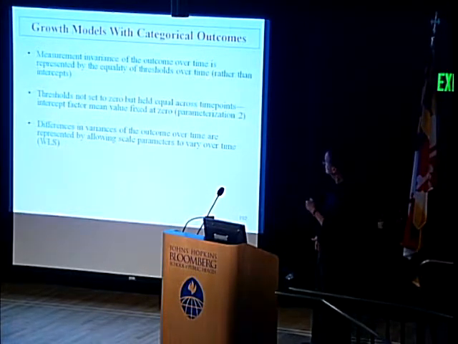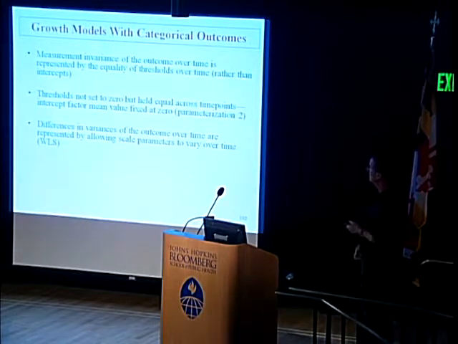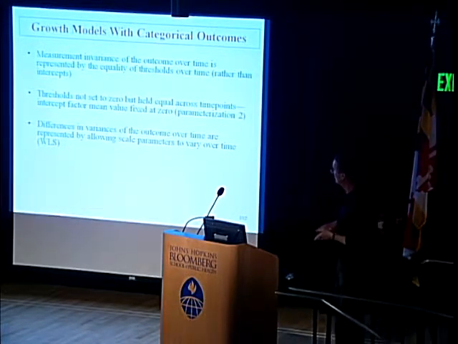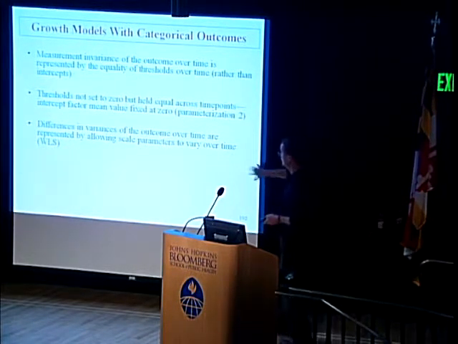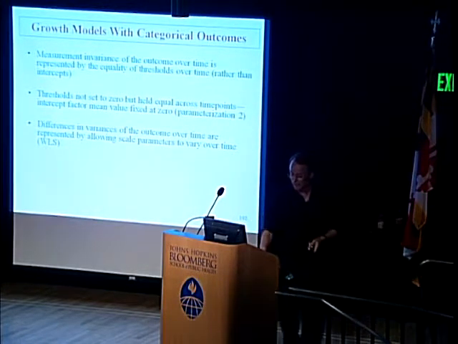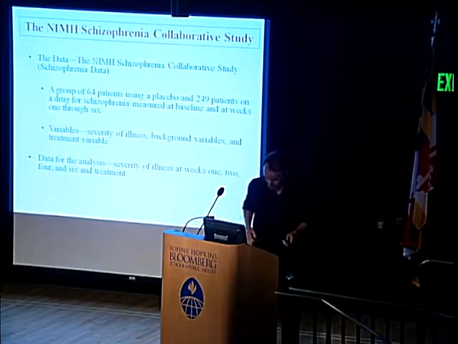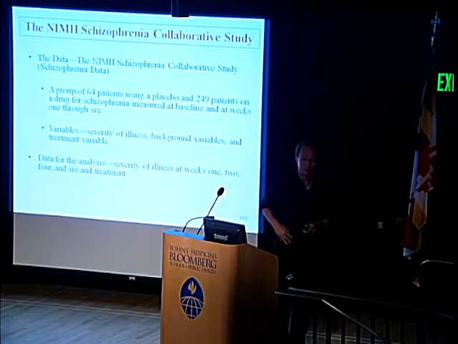So now we switch over to parameterization 2, because we have categorical outcomes, and we have an equality of thresholds over time, and then we have to fix the intercept factor means to 0 to not have unnecessarily many parameters. For now, we're going to ignore this last third bullet because we're going to stay in the maximum likelihood framework. And with that, it's time for Linda and the final riveting example.